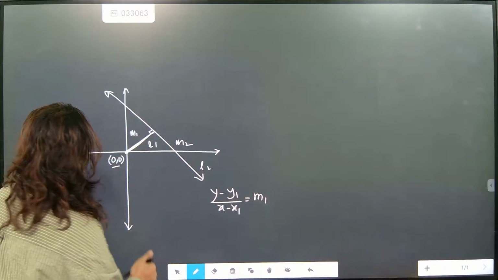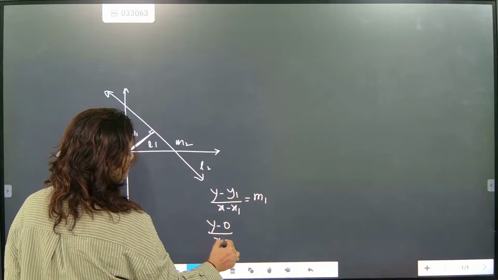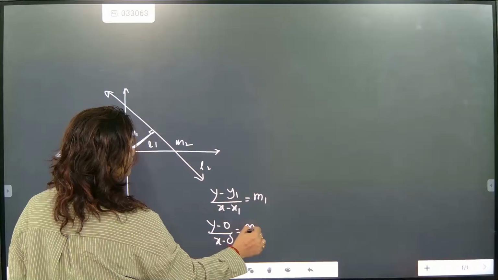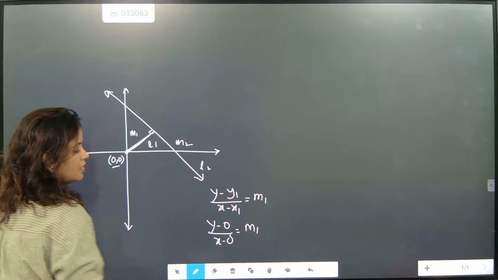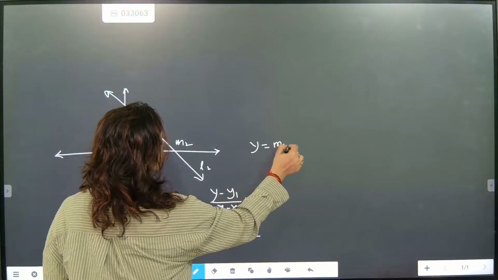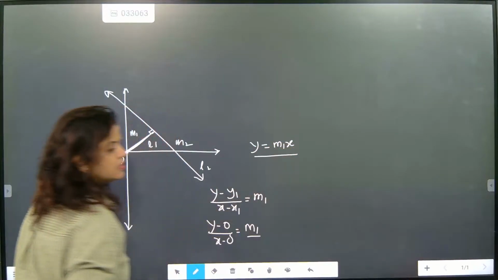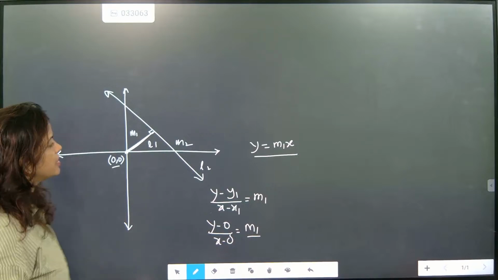So y minus 0 by x minus 0 is equal to m1. So y is equal to m1x will become the equation.